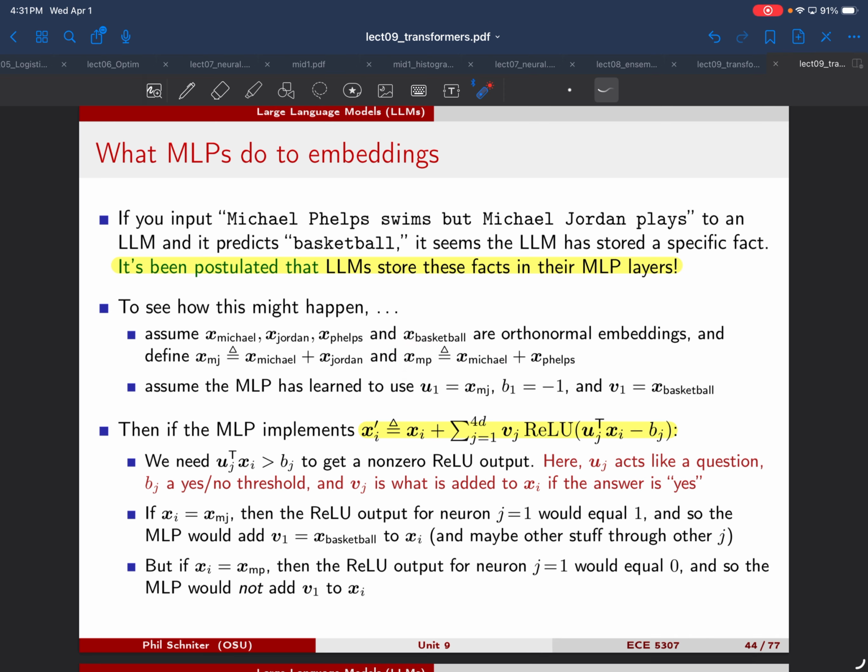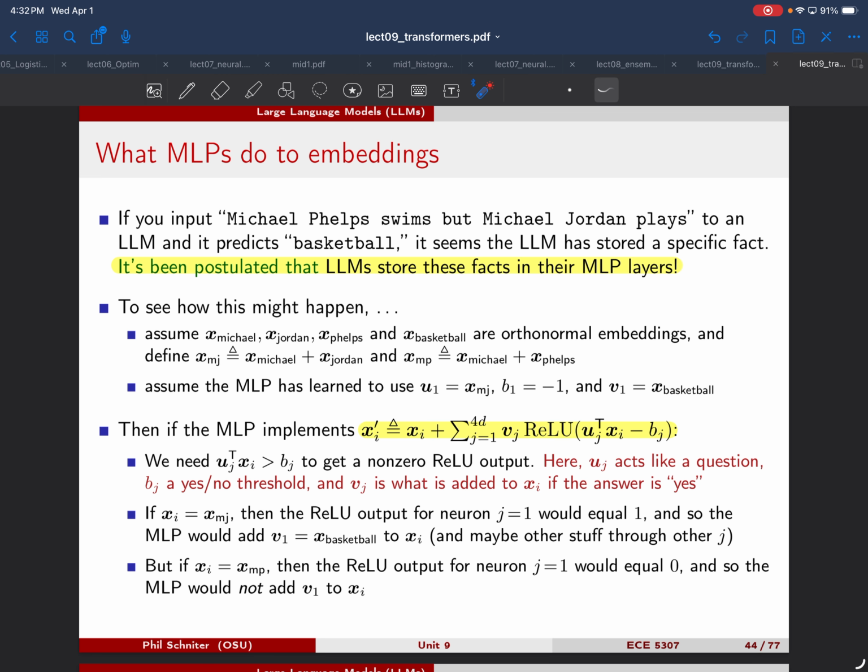And now let's say that we've trained our MLP, and if you remember, this is the equation for it. This is the input layer, the activation, and the output linear layer. And because there's a skip connection, it's the input, plus this whole effect of the MLP. So this U_j would be for the jth activation, and usually in these architectures the number of activations is 4 times the dimension of the embedding.